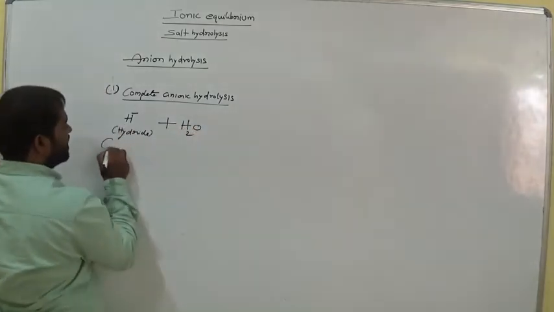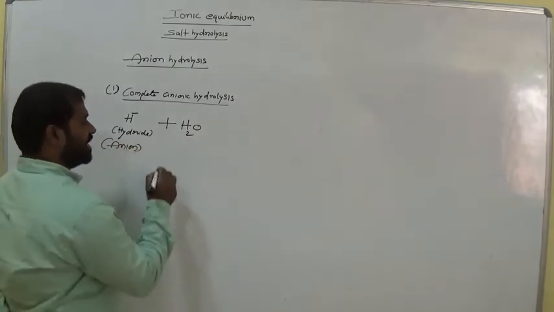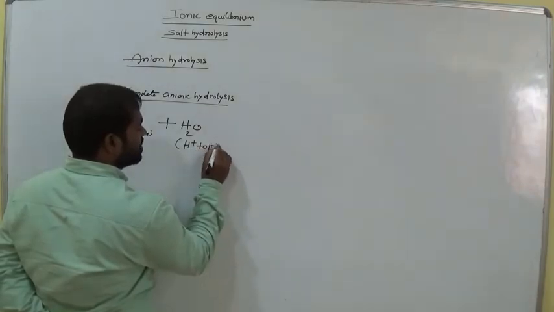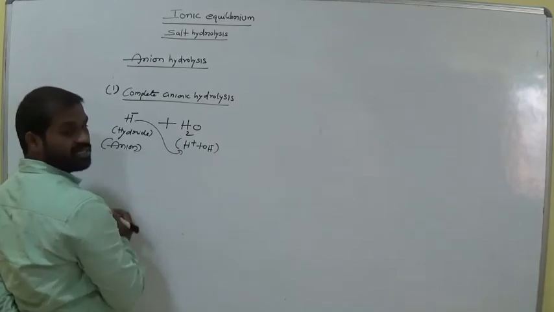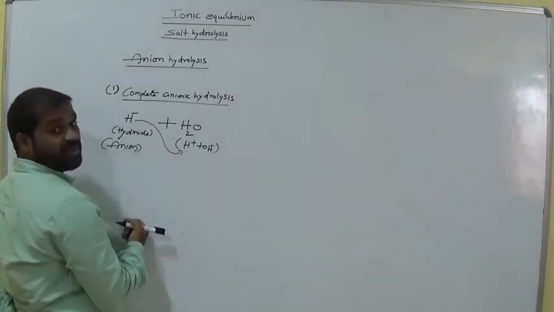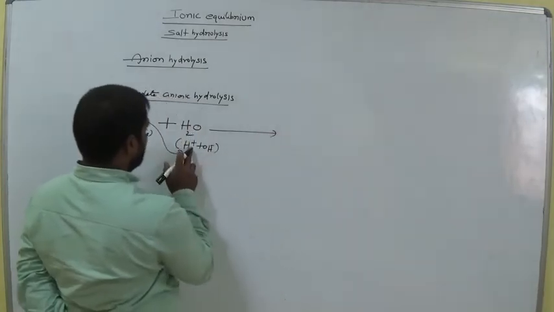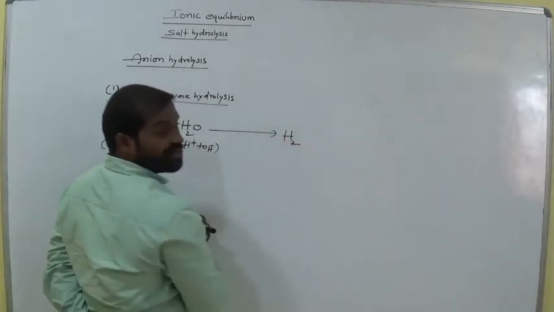This is minus, meaning anion. Now what are the ions present in water? H plus and OH minus, am I right? Now this minus is attracted towards H plus, minus always towards positive, remember that. Now what it gives is H plus and H minus, which produce an H2 molecule, hydrogen molecule.